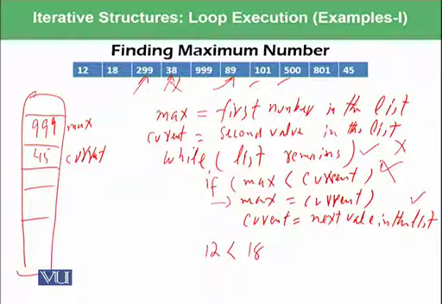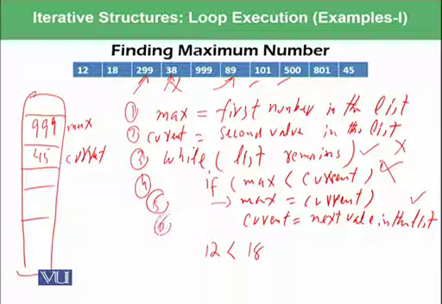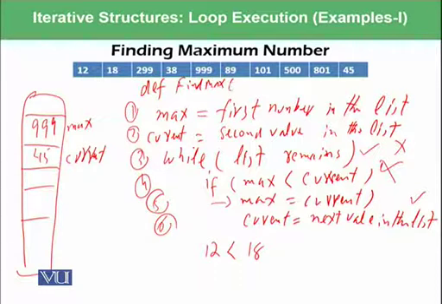So this is basically an algorithm of six statements, and you can assign this algorithm as the definition of a function. You can write at the top def find max.